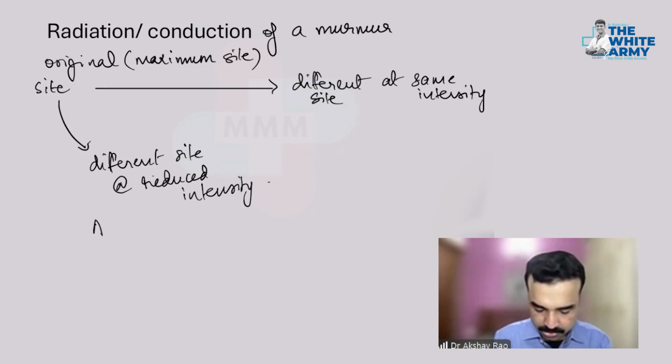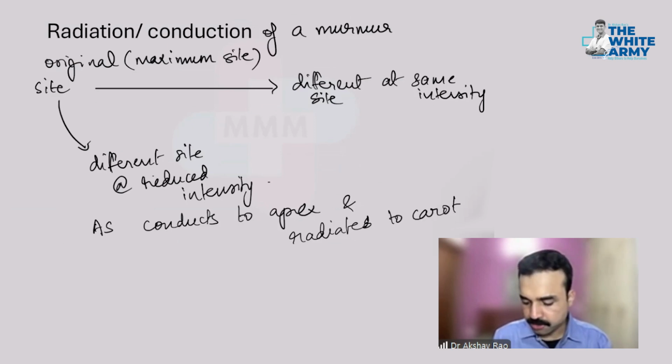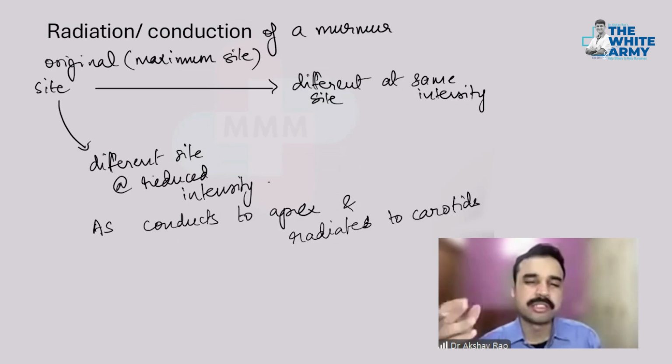So an aortic stenosis murmur conducts to the apex, that is the mitral area, but radiates to the carotids. It's a relative difference, but these are the classical terminologies used. So if ever you come across these terms, that's what they mean. The clinical implication, maybe not so much, but just so that you are not confused.